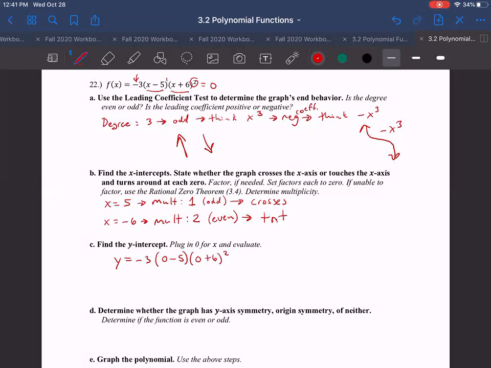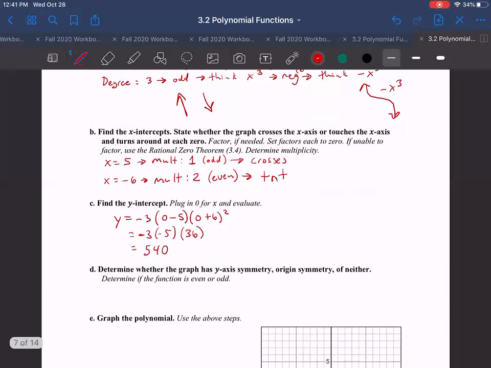So this is negative 3 times negative 5 times 36, just like that. This 15, so I have a 15 times a 36. So that's like 15, 3.5. That should be 540, pretty sure. Double check me on that.